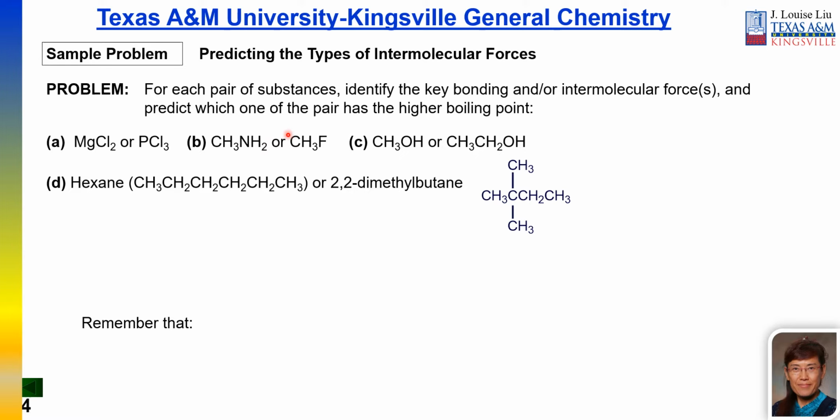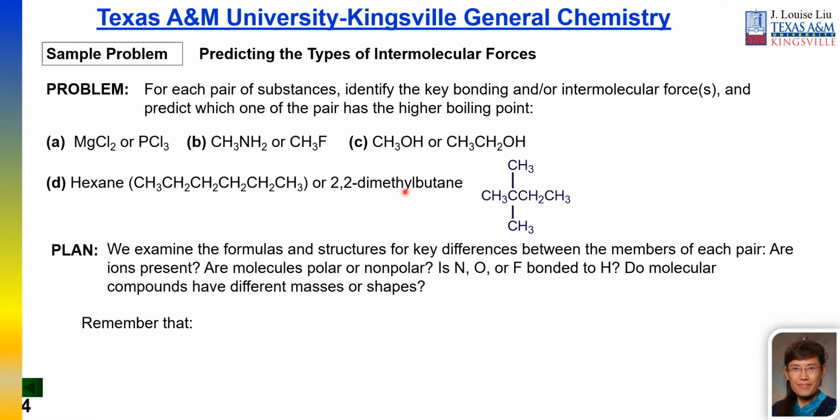So we have 4 different groups. The first group is magnesium chloride, phosphorus trichloride. You have 2 different organic molecules, alcohols. Also, you have 2 different hydrocarbons.